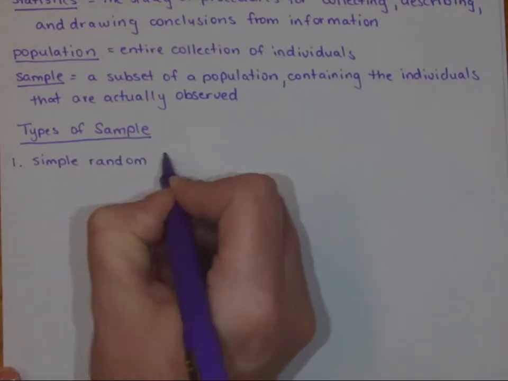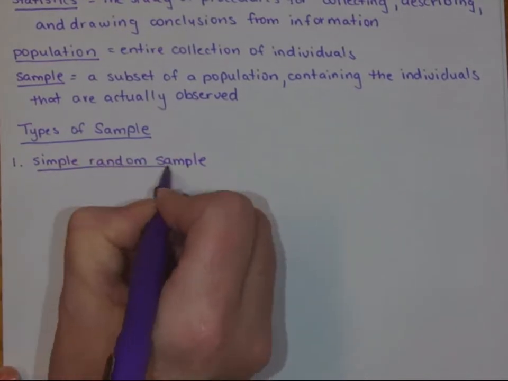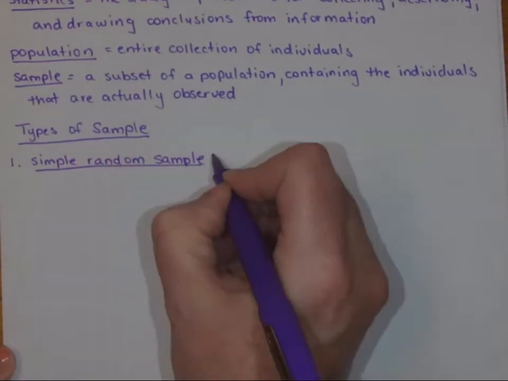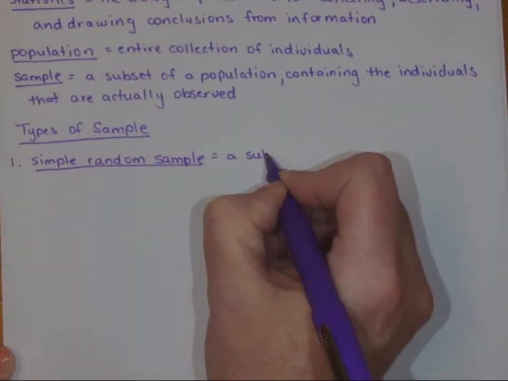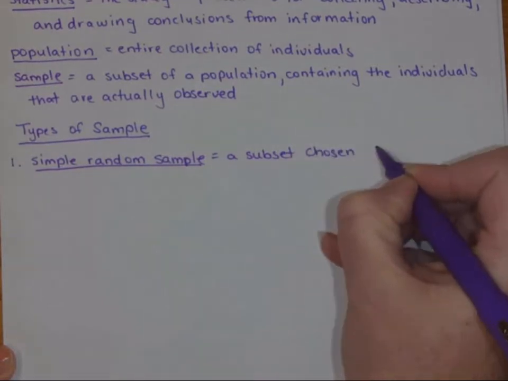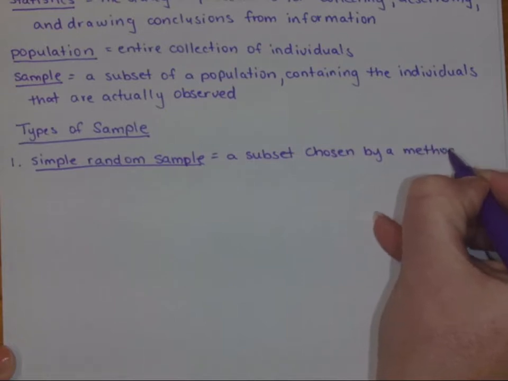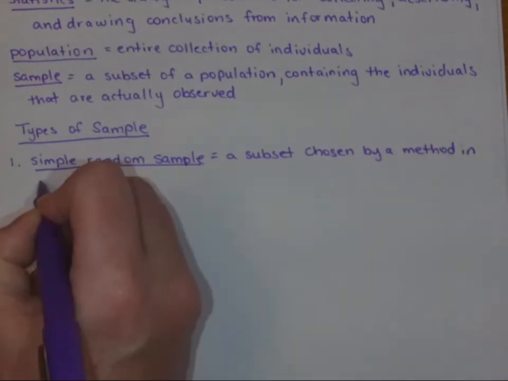The first type of sample, the type of sample we're always striving for, is what we call a simple random sample. That is a subset that is chosen by any method where each item is equally likely to be chosen as another item.